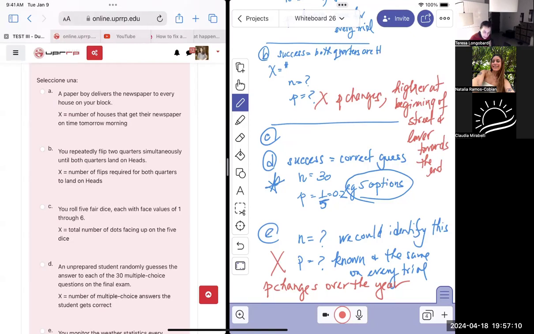Are you getting the hang of this? You've got to find N, or think about, can I know N or find it out? Probably. We could find out how many houses there are, right? So we could find this.